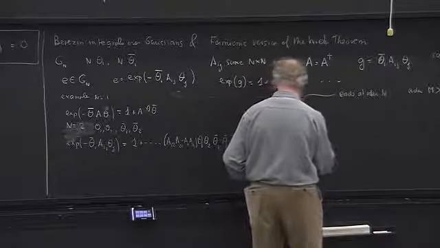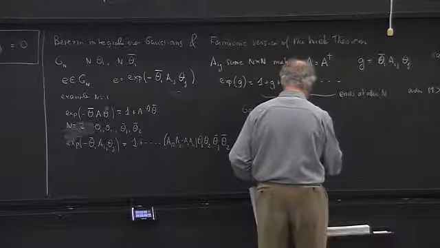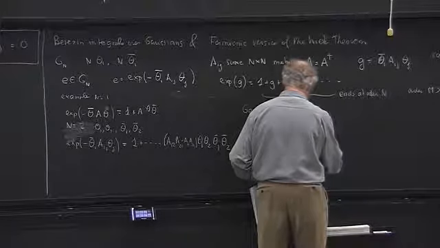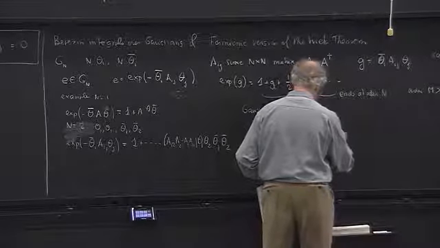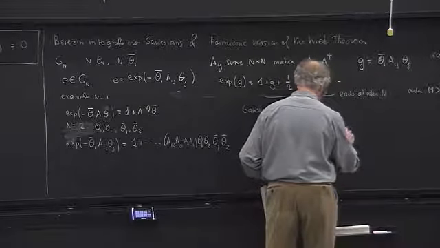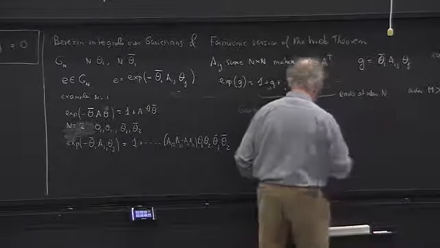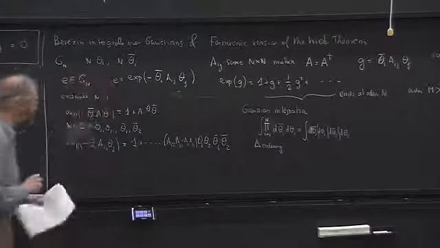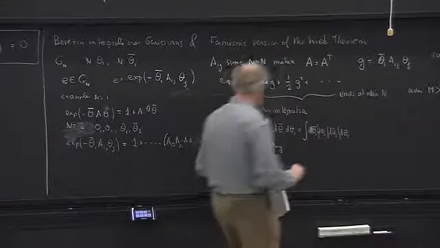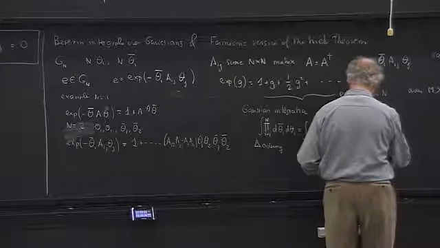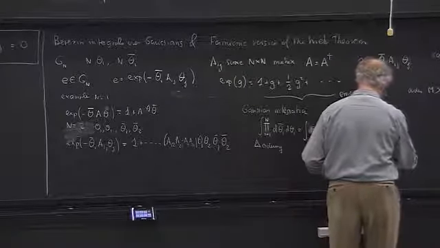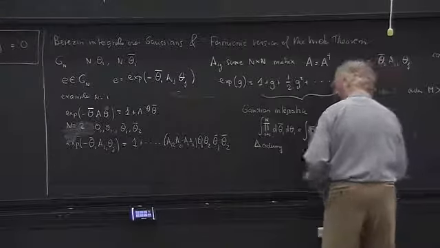This is the integral d theta bar 1, d theta 1, integral d theta bar 2, d theta 2, etc., of the exponential of this quadratic form, minus theta bar i A_ij theta j.